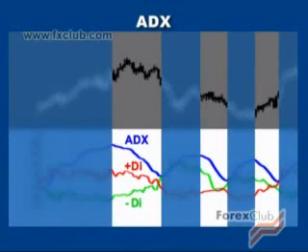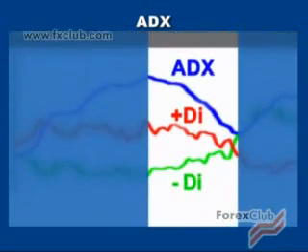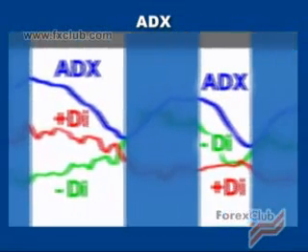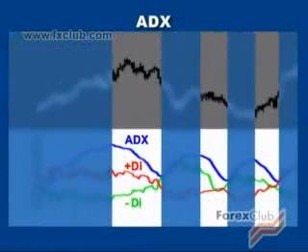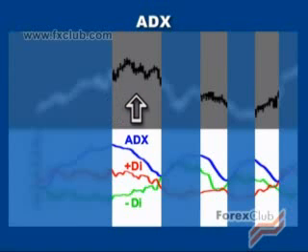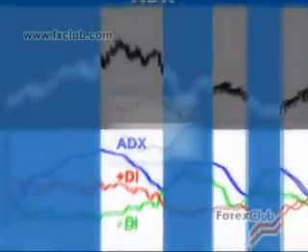Now, if plus DI is above minus DI but ADX is falling, or if minus DI is above plus DI and ADX is falling, it means that the trend has slowed down, stopped, or even reversed.